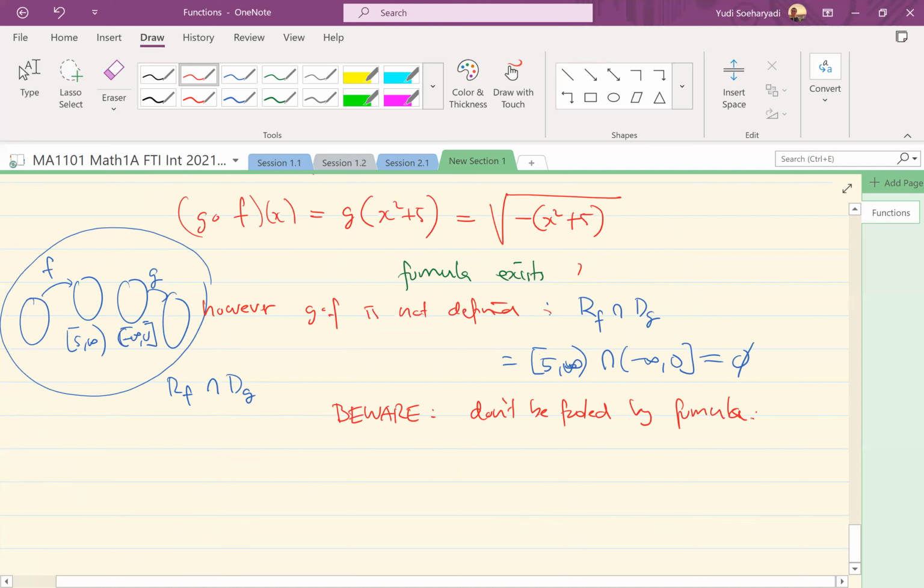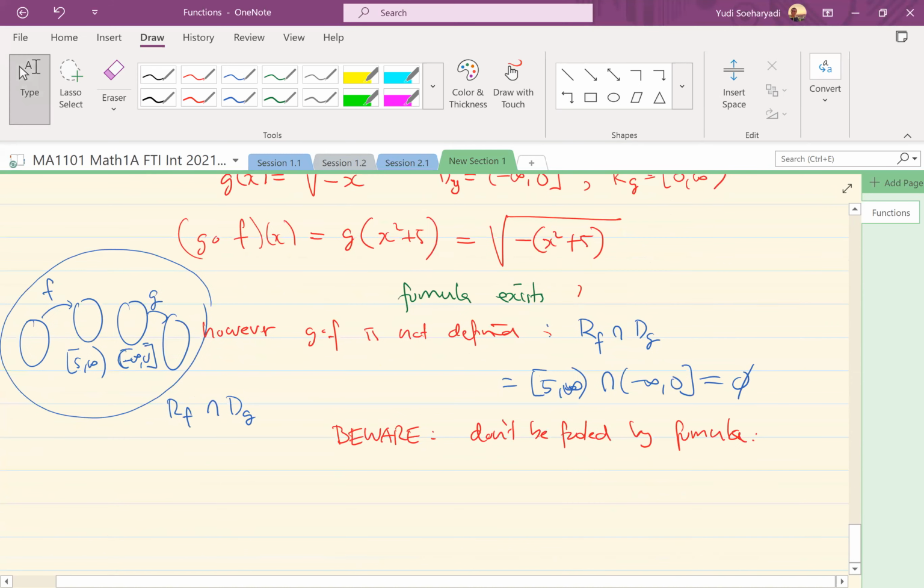It is defined. All right. So that's how we get the function, domain, and range.